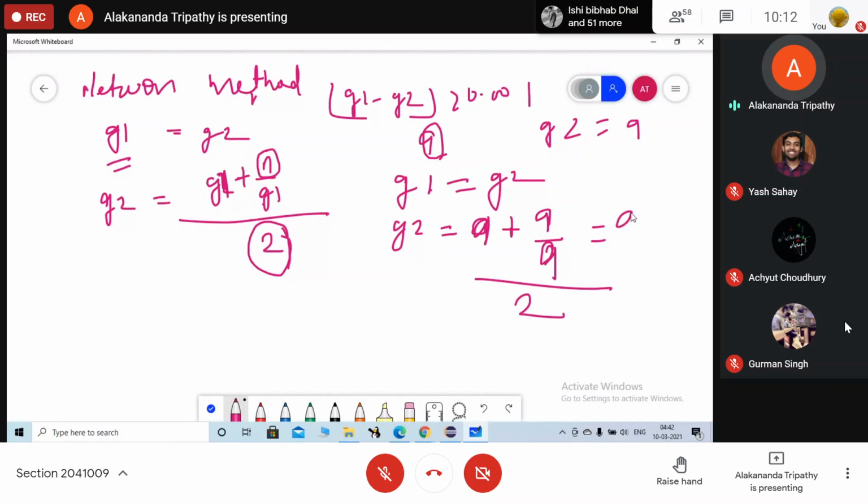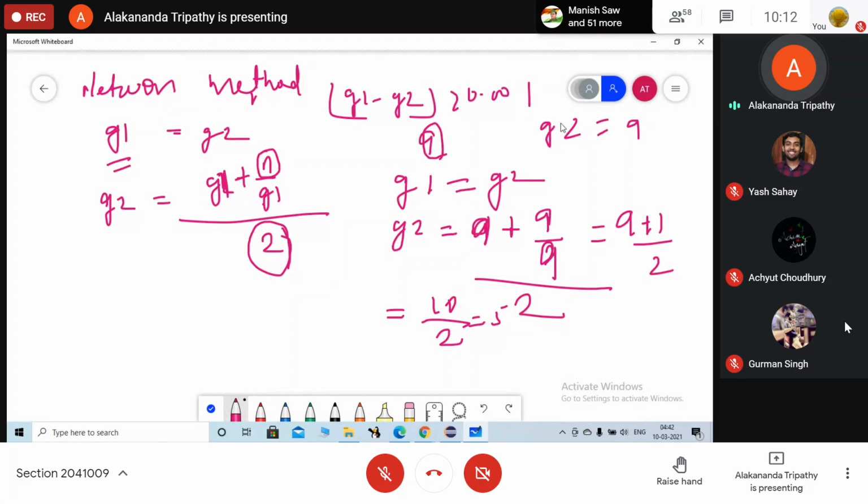So how much will this be? 9 plus 1 divided by 2, how much is it? 10 by 2, 5. So in the first step, where are we reaching? We are just reaching to the half of 9, isn't it? Yes, ma'am.